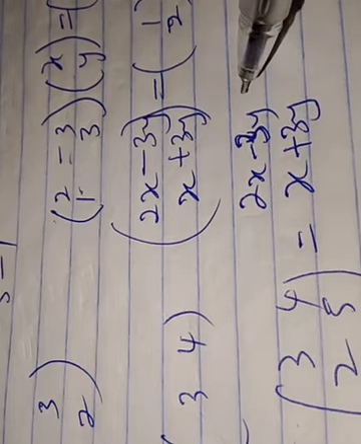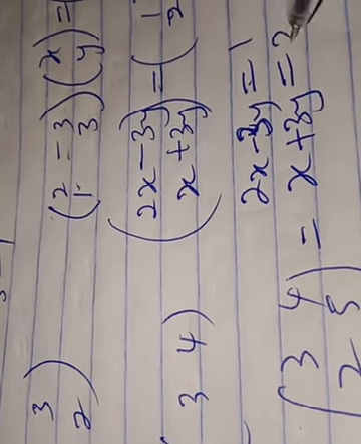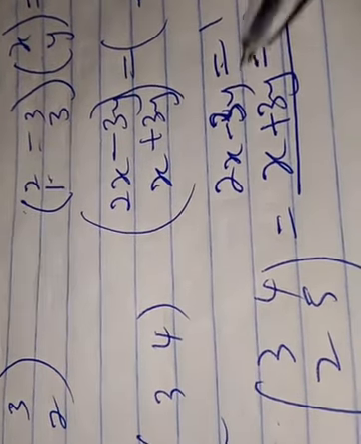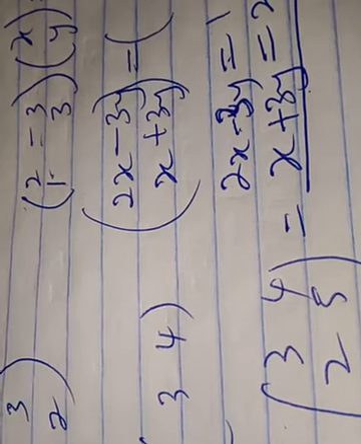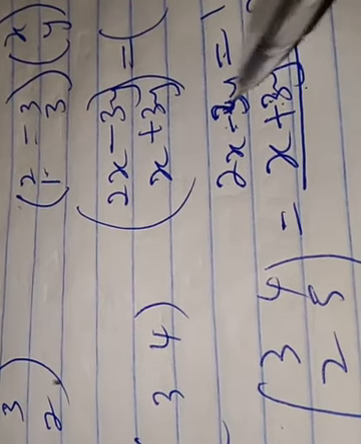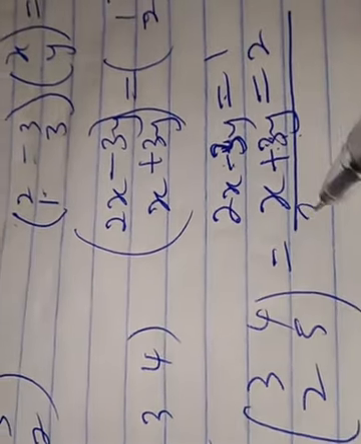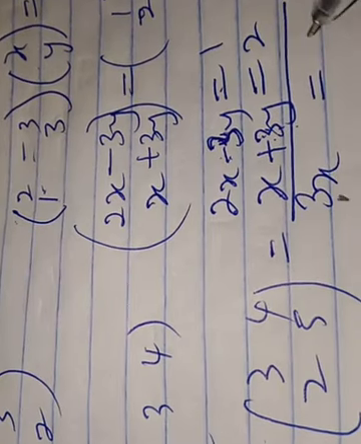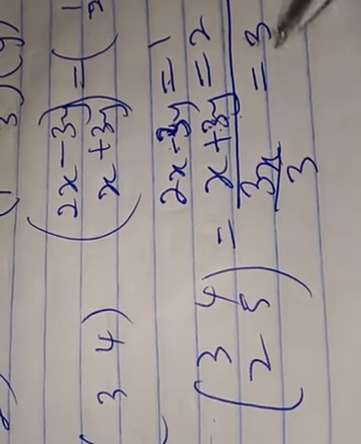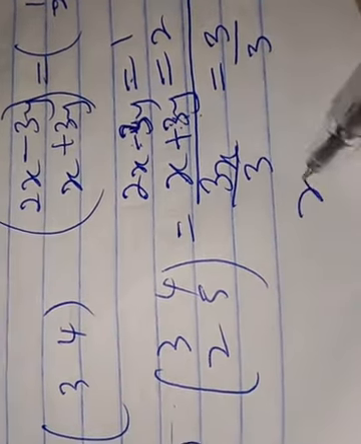So this is equal to 1. This is equal to 2. Now, observe very well. If you add these two together, this will go. So what we now have is 3x equal to 3, and this will give us x equal to 1.